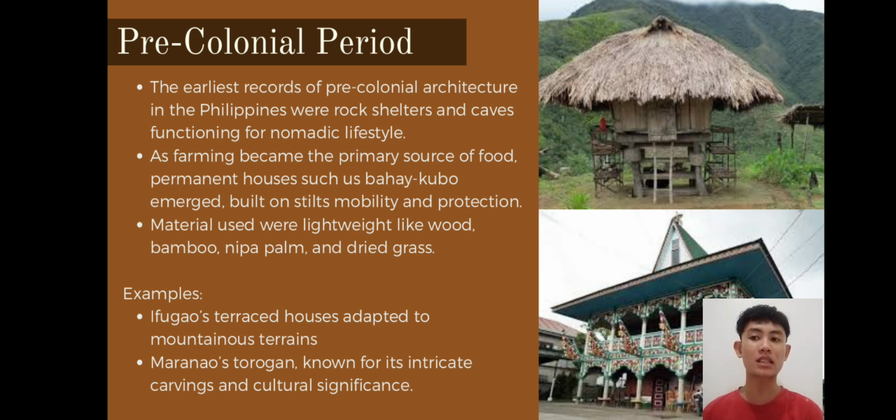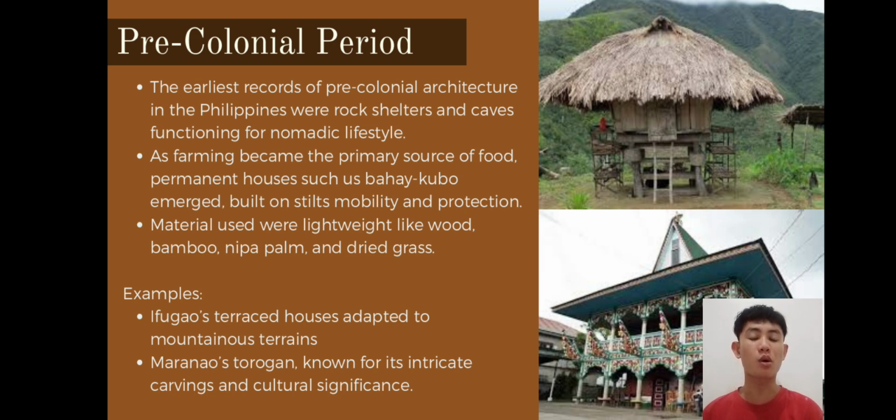First, it is built on stilts. The design protected the house from floods and pests, allowed air circulation beneath the structure, and even provided storage space for tools and animals. The second and last is the lightweight materials.